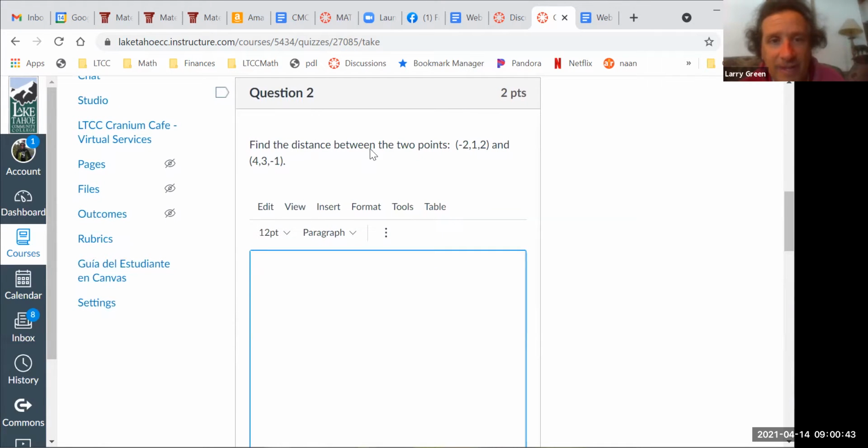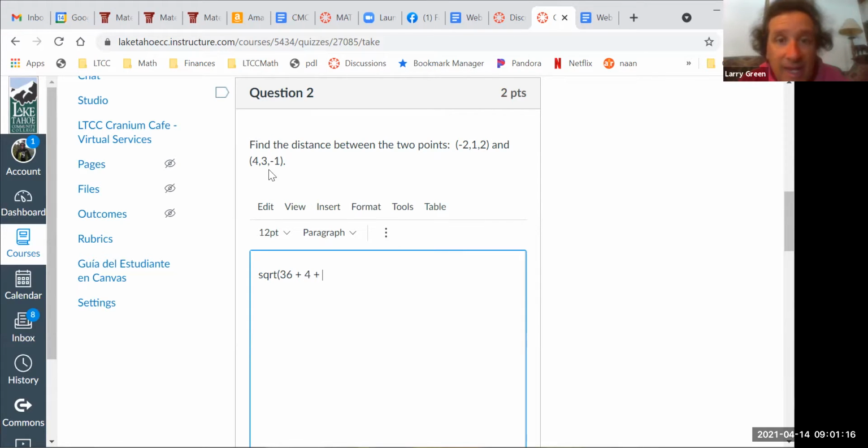Okay, the next one is find the distance between these 2 points. So this is all or nothing. Either you remember the distance formula or you don't. Just to make it easier to type, I'm going to add sqrt because the distance formula has a square root. Then we subtract: 4 minus negative 2 is 6, and that is 36 because we square the difference. Then plus, we take 3 minus 1, which is 2, and 2 squared is 4.